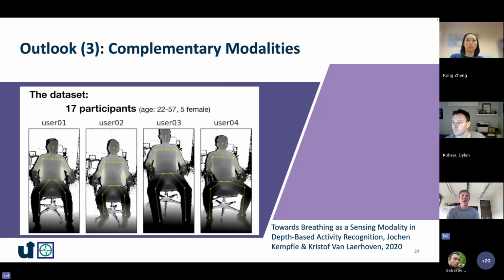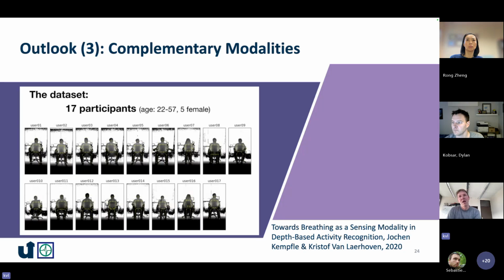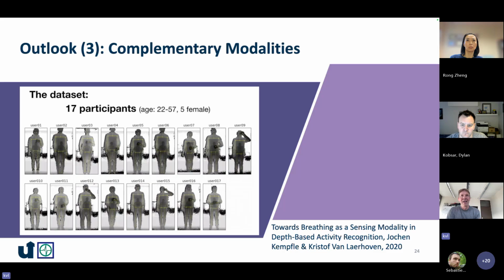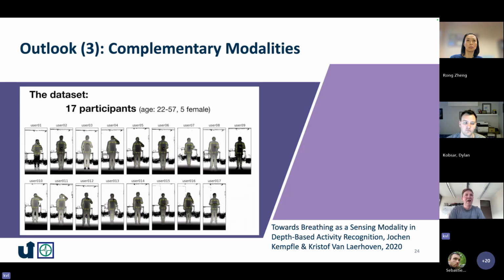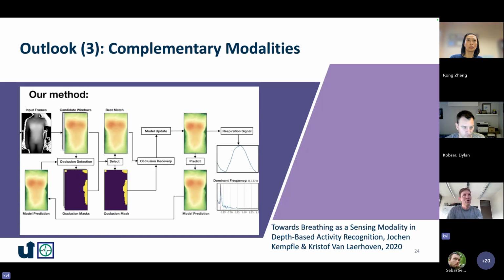So just having a camera focused on a particular person and having lots of people doing this, we could figure out an algorithm that would do this by just filtering out or masking out what is happening in front of the chest, and that way modeling the respiration rate of this person. So this is kind of an overview of what this looks like.